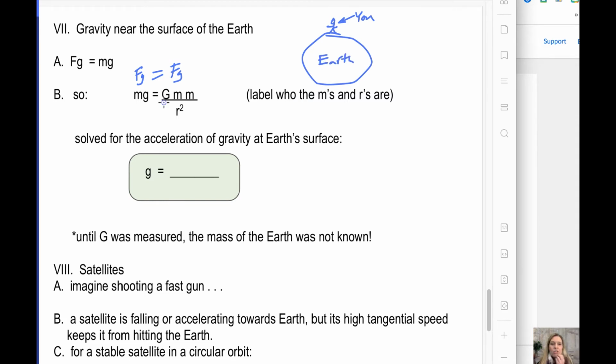In this formula, whose mass is this? Is this the Earth's mass? Well, we're talking about the weight of U, and the weight of U would be the mass of U. So this would be U, or whatever object is sitting on the Earth.